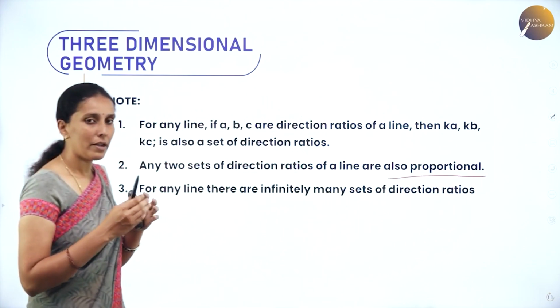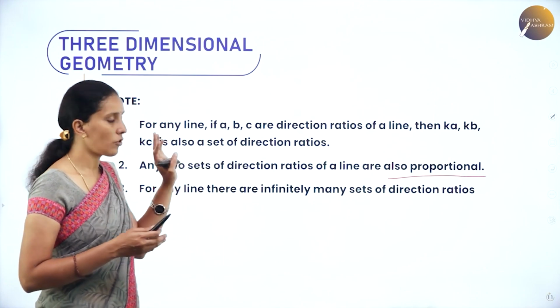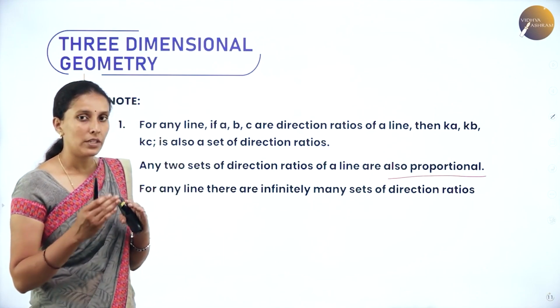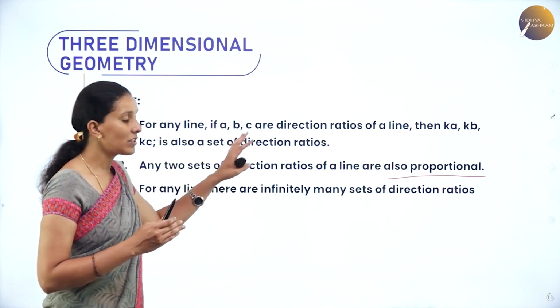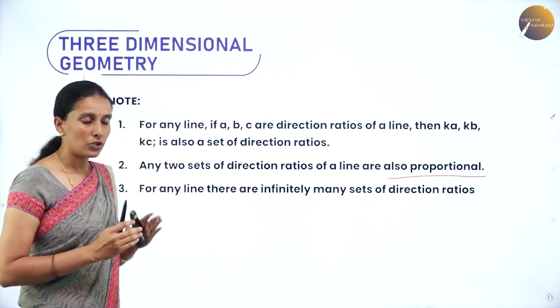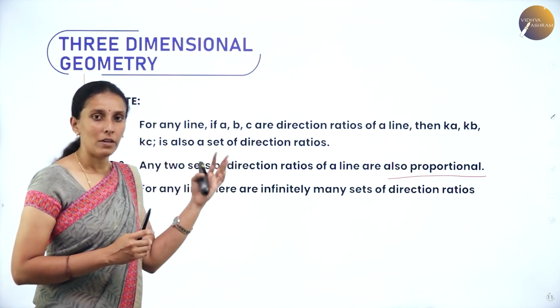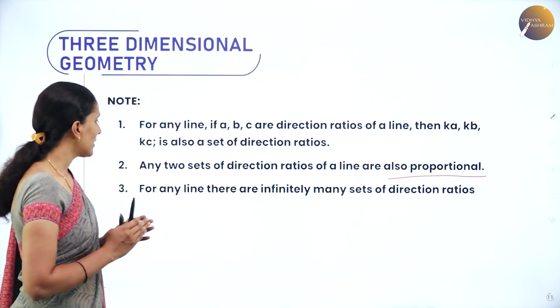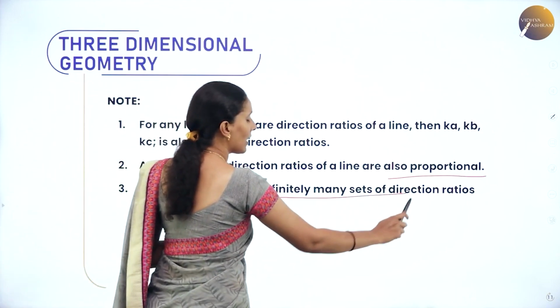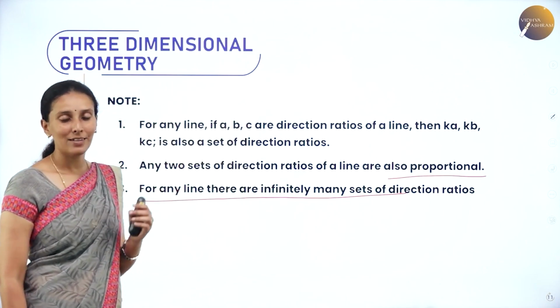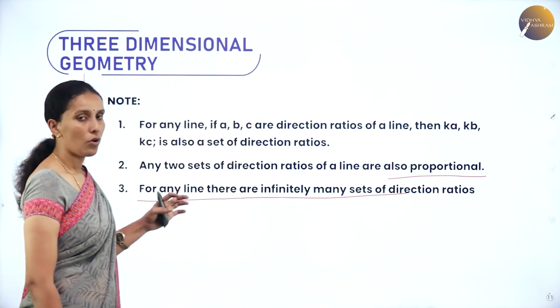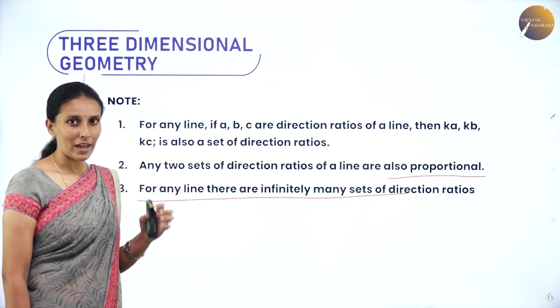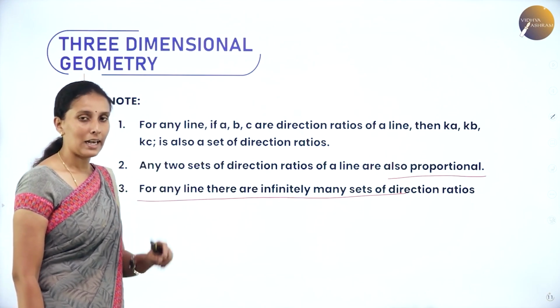So if A1, B1, C1 and A2, B2, C2 are direction ratios of the same line, then A1 by A2 equals B1 by B2 equals C1 by C2. Next, for any line there are infinitely many sets of direction ratios, so we can form many sets for a single line.